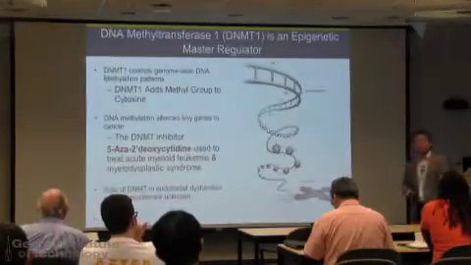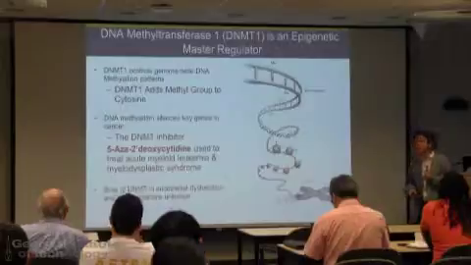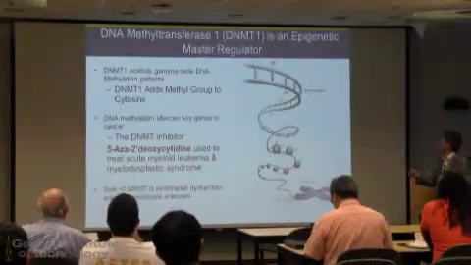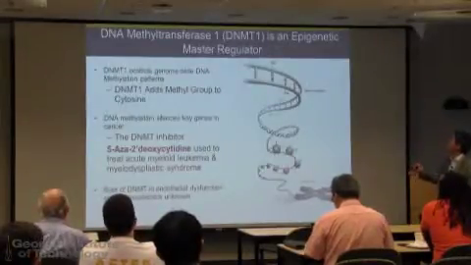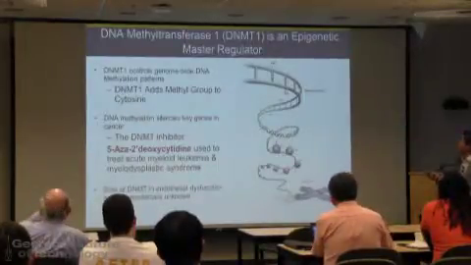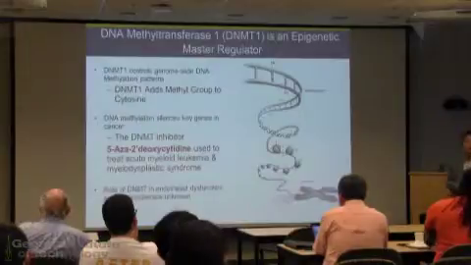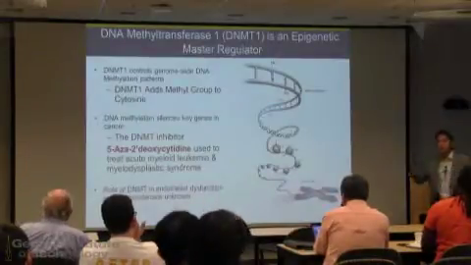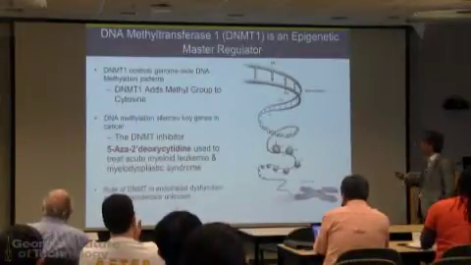Now, the reason that we chose to look at DNMT1 is because this DNA methyltransferase 1 is an epigenetic master regulator. What it does is put a methyl group on cytosine when it is in a CG sequence.